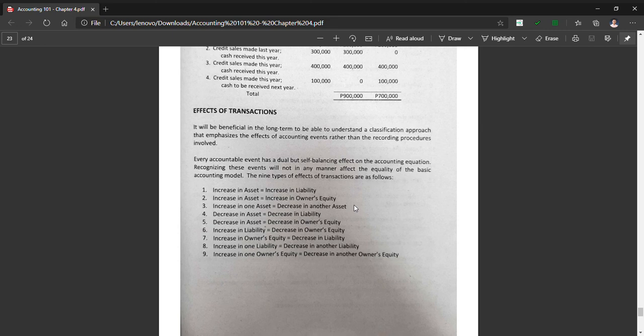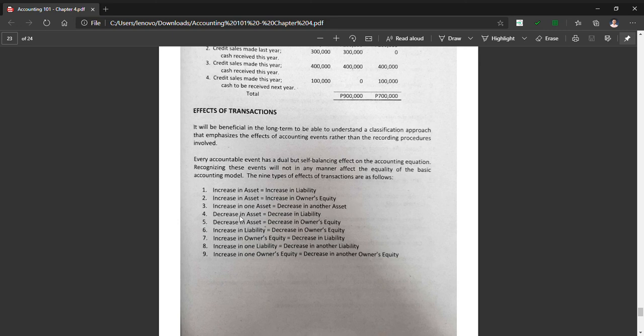So, dahil bumili tayo ng equipment, tumaas ang asset natin through the increase of equipment, pero lumiit naman ang asset natin through the decrease of the cash, right? So, tumaas ang equipment, bumaba naman yung cash. So, the effect on the total assets will be the same, will be zero. So, walang effect in the total assets.